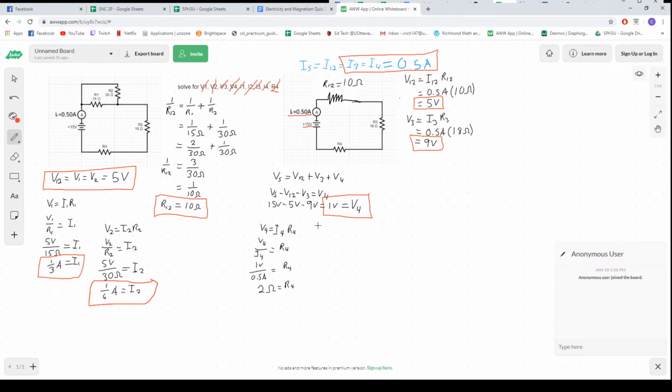So here's one check that we could do. We could check and make sure that the current coming into this parallel section is the same as the current coming out. So we should get that IS is equal to I1 plus I2. So let's check that real quick. And I'm going to check it way over here.